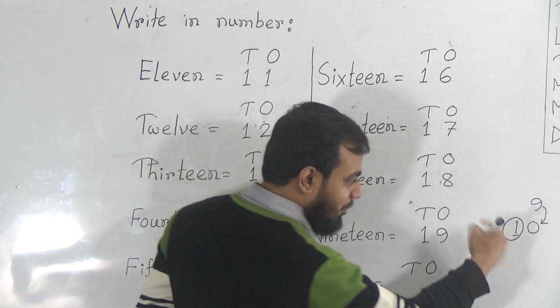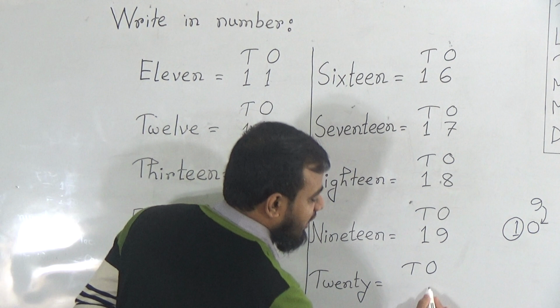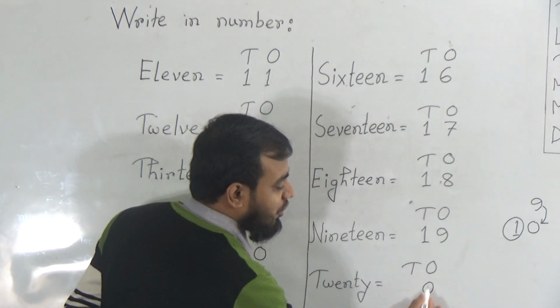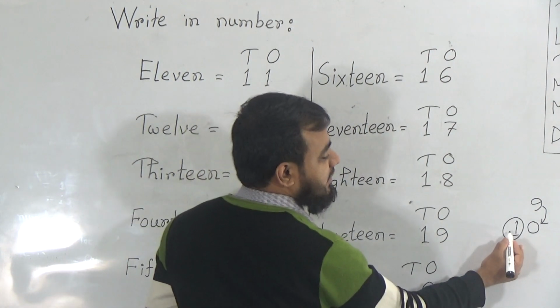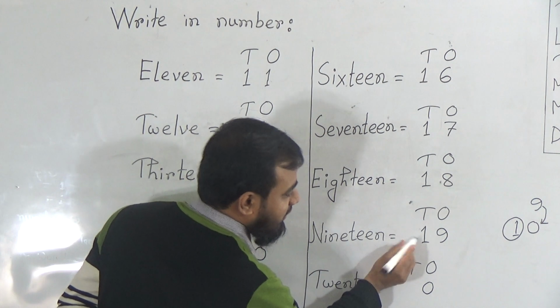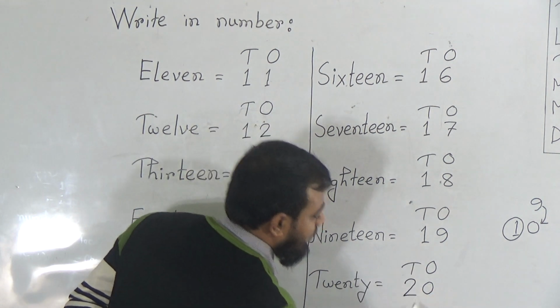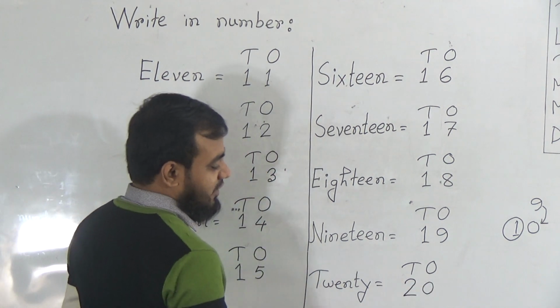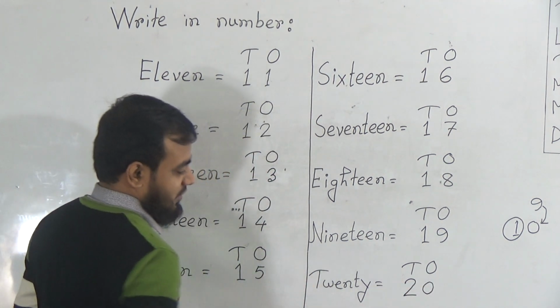So after 9 we will write down 0 in the ones position, and the tens position number will increase by 1. It was 1 in the tens position, it will now be 2. So 2 in the tens position and 0 in the ones position make 20.